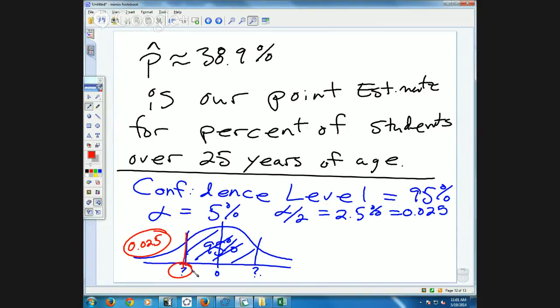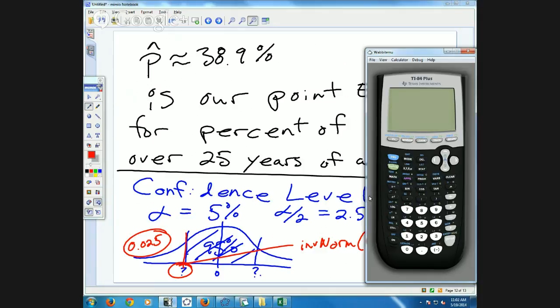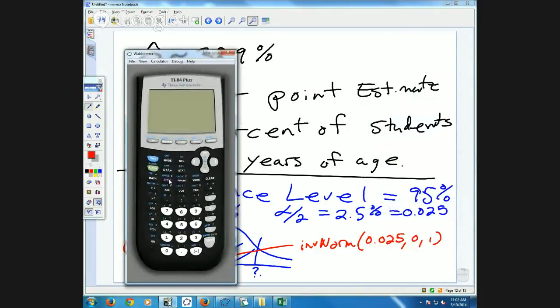So I could identify this z-score by saying, give me the inverse normal, or inverse norm, of 0.025, comma 0, comma 1. I'll do both calculations just to confirm this is legitimate. So does it matter if you change the decimal to a percent and the inverse?